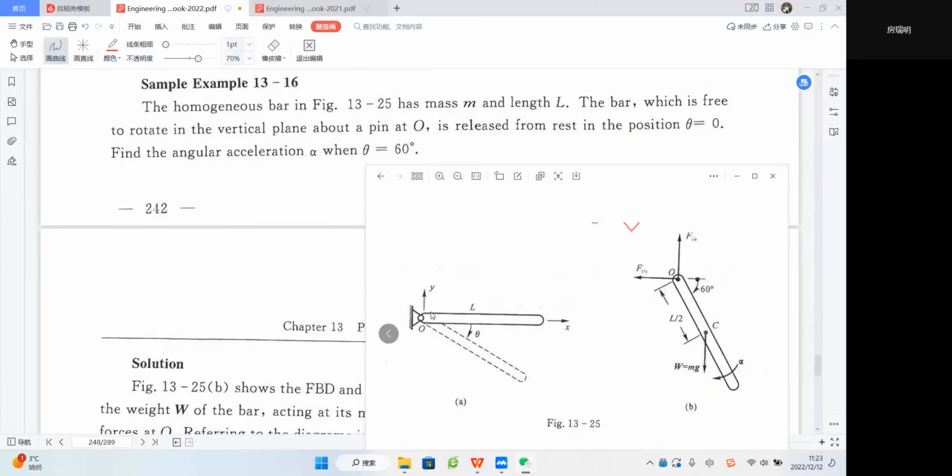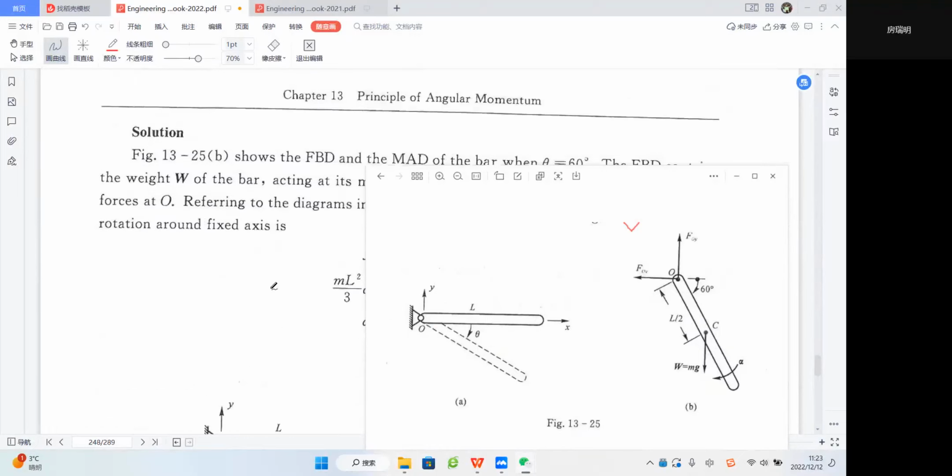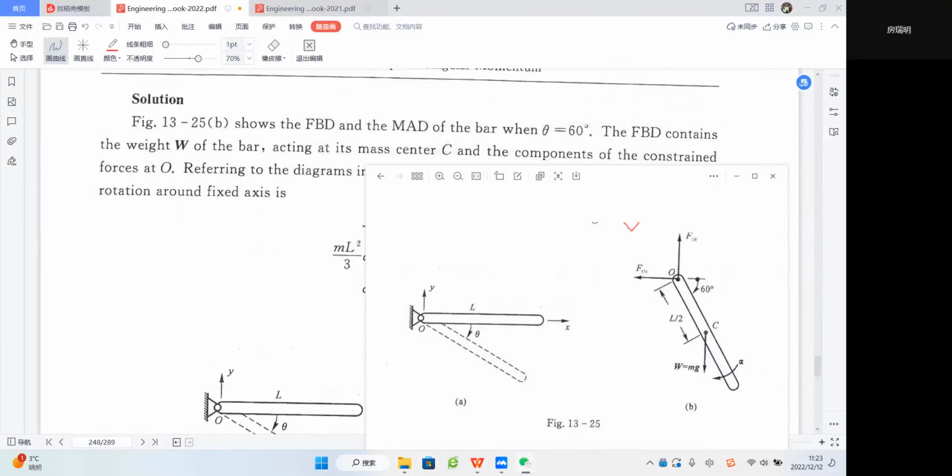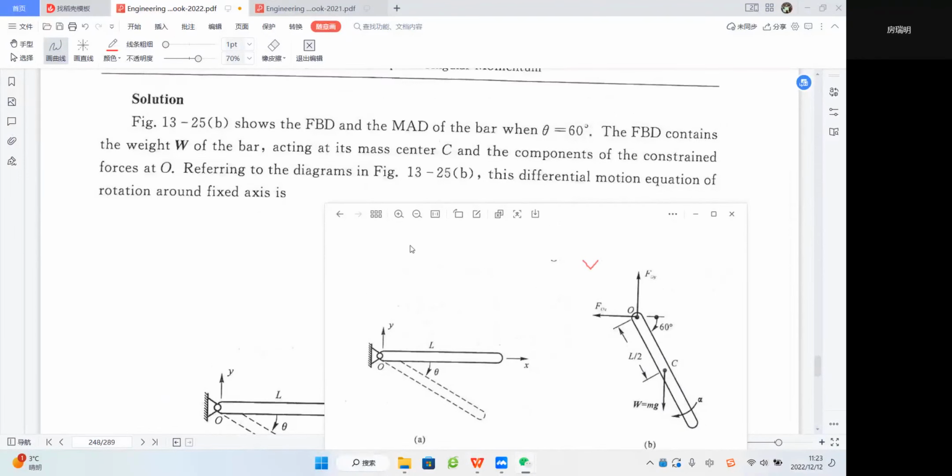We start from this initial position, theta equals 0, and release it. It swings freely downward around this point, right? So we should try to figure out its angular acceleration alpha, because it is the typical rigid body rotating around a fixed point. So let's go and talk about the solution.